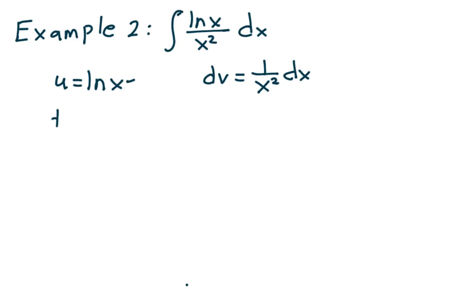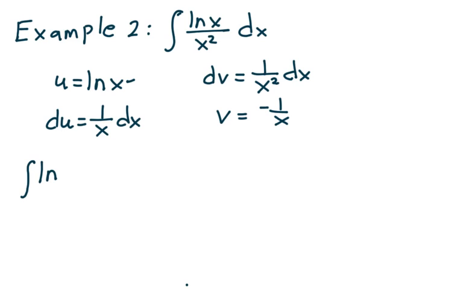Okay, and so du is 1 over x dx, and v is negative 1 over x. And so the integral of natural log of x over x squared dx, can't forget our dx.